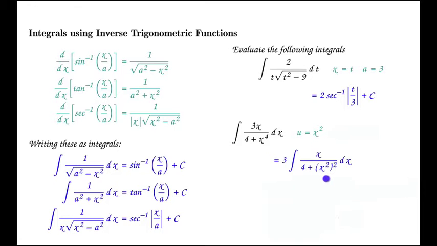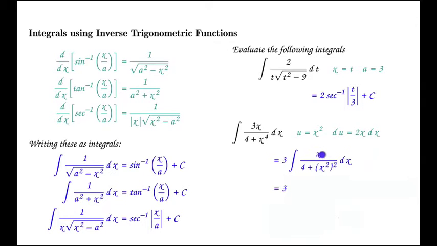I know how to take the derivative of u: du is equal to 2x dx. Now, applying my u substitution technique to this inverse trig integral problem, I end up with the integral of 3. Now, I don't exactly have 2x dx, I have x dx.